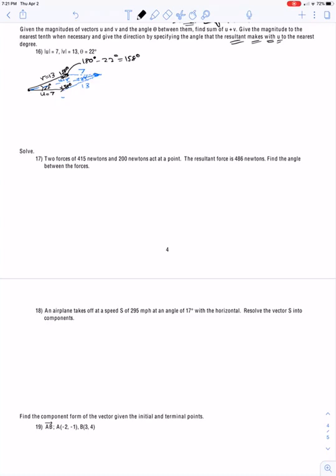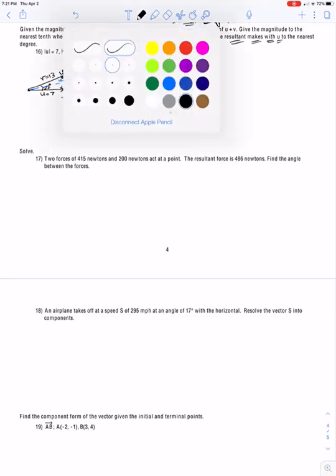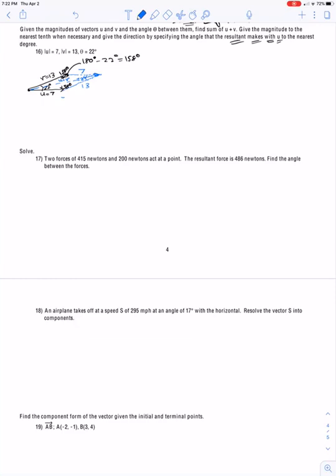Now with that said, this triangle right here, and let's take note of it, we've got a side, we've got an angle, and we've got a side. So here's a side, angle, side triangle. So that implies we can use the law of cosines to find any of the parts in that triangle. And we want to find u plus v.